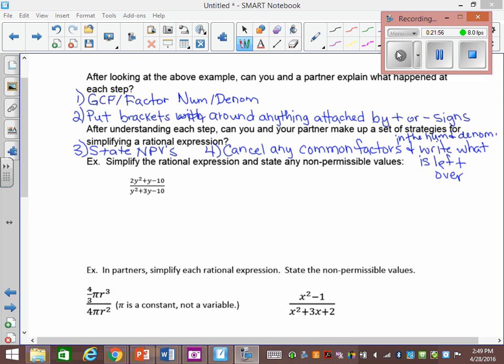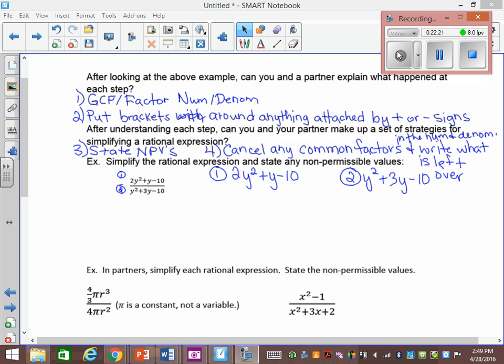So the next example, I would have to factor both the numerator and the denominator. So I'm going to label this number 1, and I'm going to label this one number 2, and I'm going to go off to the side and factor them both. So number 1, 2y squared plus y minus 10. And number 2 is y squared plus 3y minus 10.